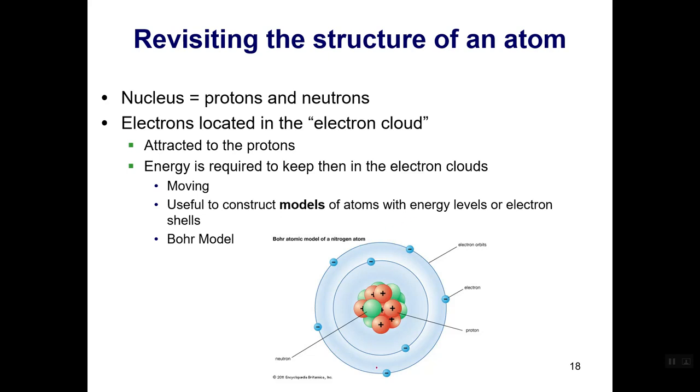Okay. And these electrons are going to stay in this cloud that surrounds the nucleus because they are attracted to the protons within the nucleus, which makes sense, right? Because our protons are positively charged, our electrons are negatively charged, and positives and negatives are going to attract each other.